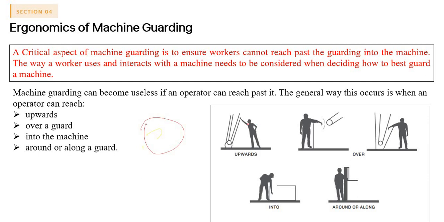Fingers or anything else should not be able to reach the rotating part, so we need to ensure that. Whether it is upwards, over, into, around, or along, you should always ensure this point. Whenever you are designing any guard, the operator should not be able to reach it, otherwise it becomes a useless guard.